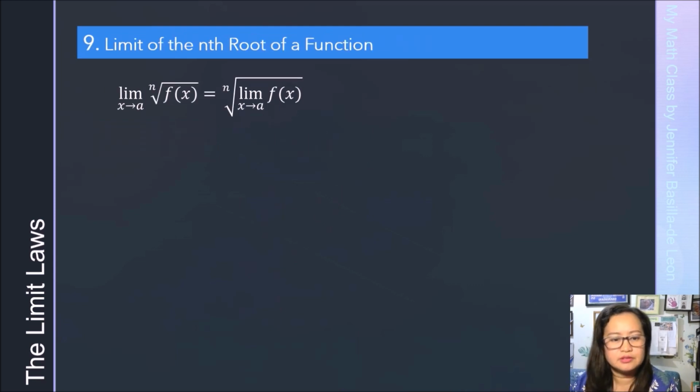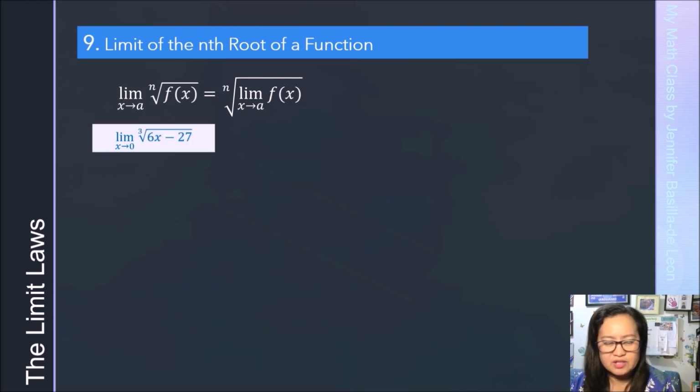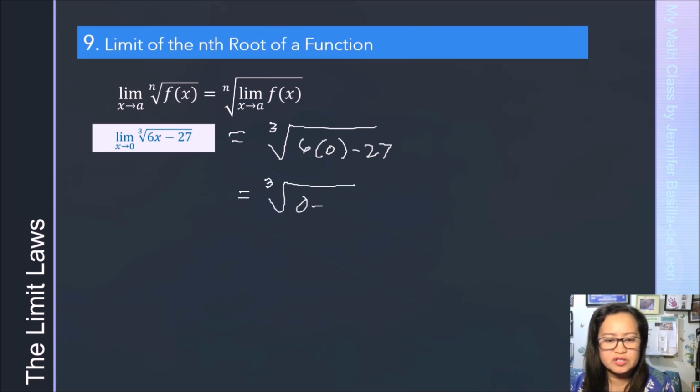Now this time, let's have the limit of the nth root of a function. So let's say we have the limit of the cube root of 6x minus 27 as x approaches 0. So replacing x by 0, we will have 6 times 0 minus 27. Then we simplify, we will have 0 minus 27.